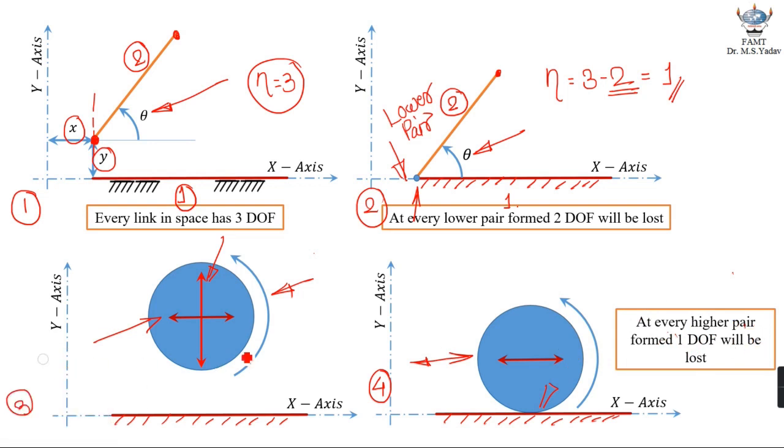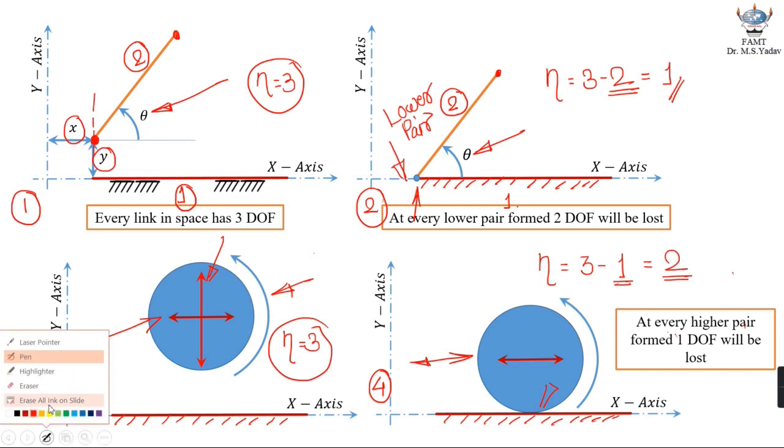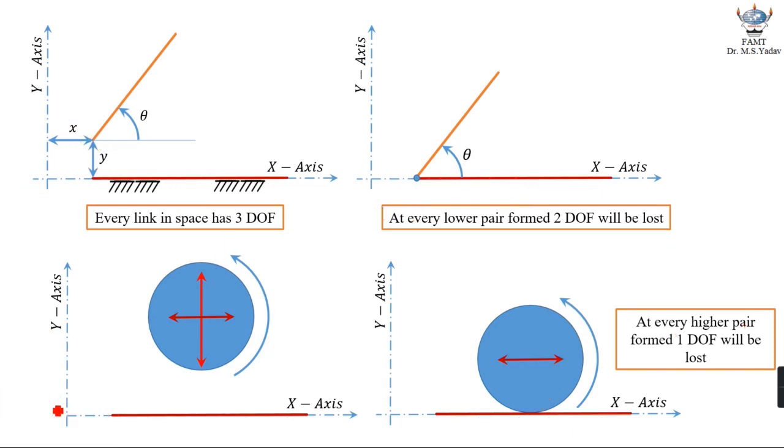Like I said earlier, this disk was having 3 degrees of freedom. Out of those 3, 1 degree of freedom is lost and 2 degrees of freedom are still remaining. So from this discussion we understood that every link in a space will have 3 degrees of freedom.